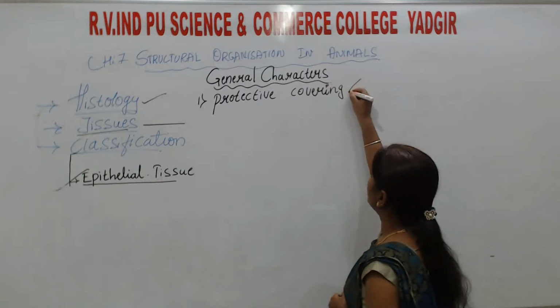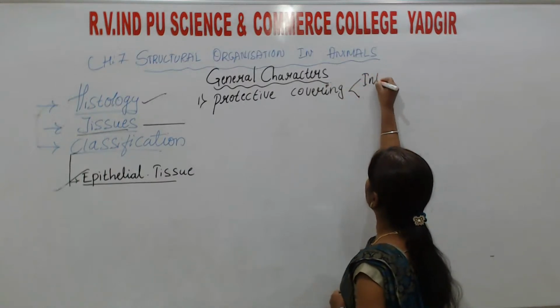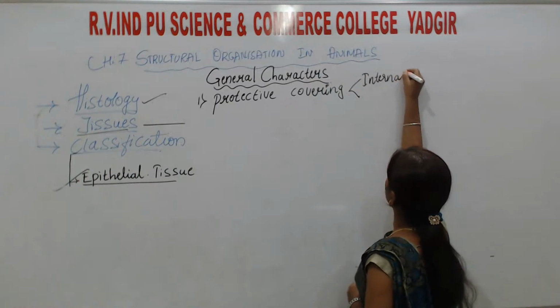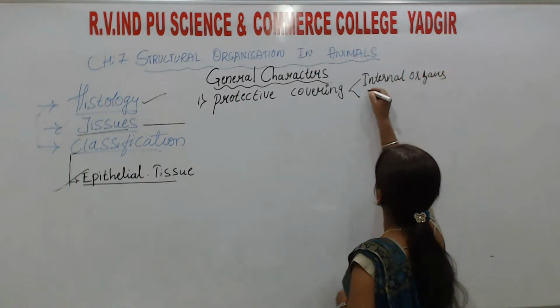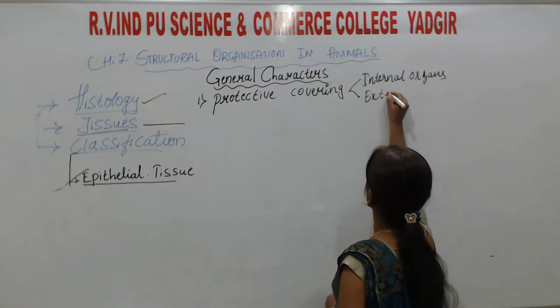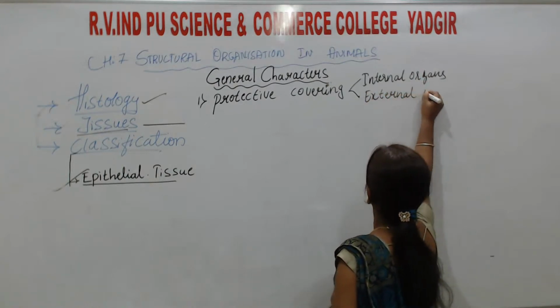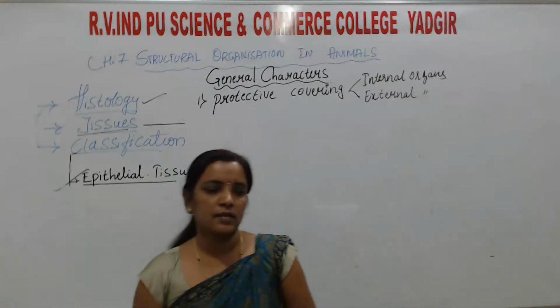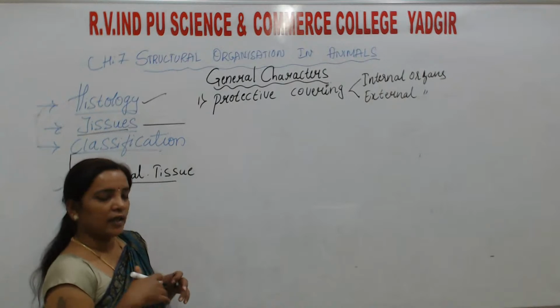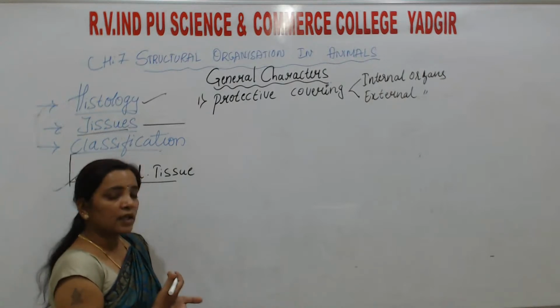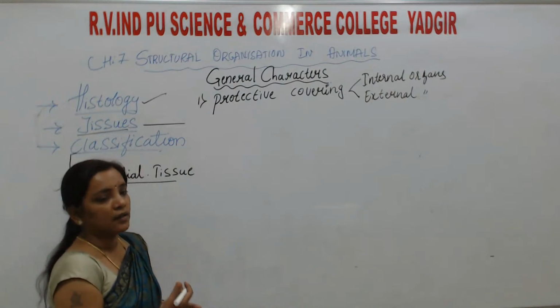It acts as a protective covering both for internal organs as well as external organs. Epithelial means covering. It may be an outer covering or it may be an inner covering.